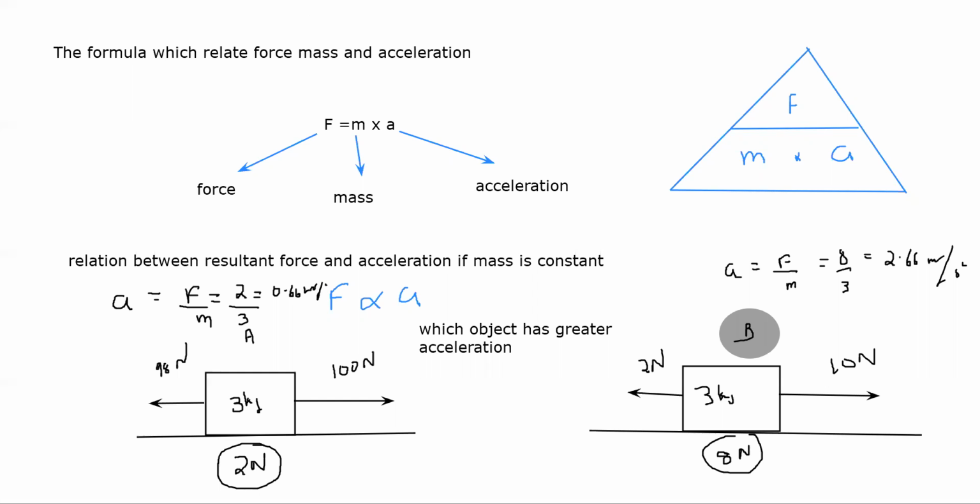So you can see the one which is having greater resultant force will have a greater acceleration. So acceleration of B is higher than acceleration of A because greater resultant force is acting on B. That's why if both have the same masses, then you compare the resultant force. Is this concept clear? The relation between resultant force and acceleration if mass is constant.